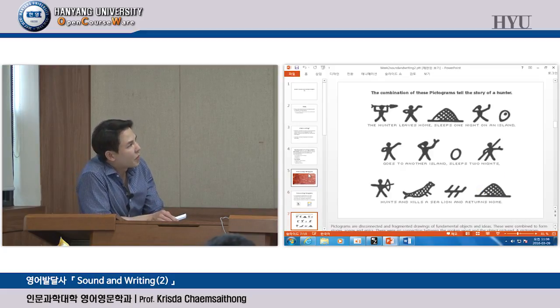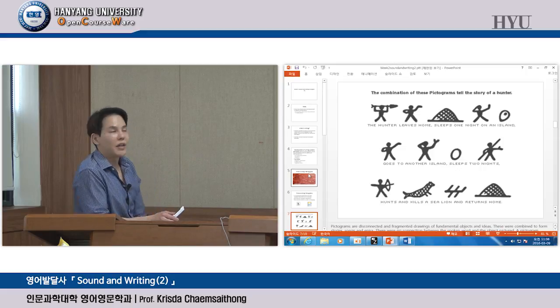So this is an example. This is supposed to be a hunter, and this is supposed to be an action of leaving, and then this is perhaps sleeping one night on an island. So this is an island, right?